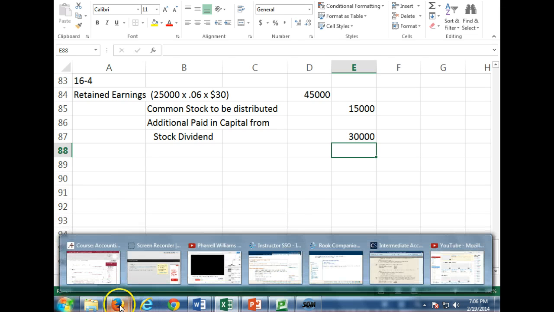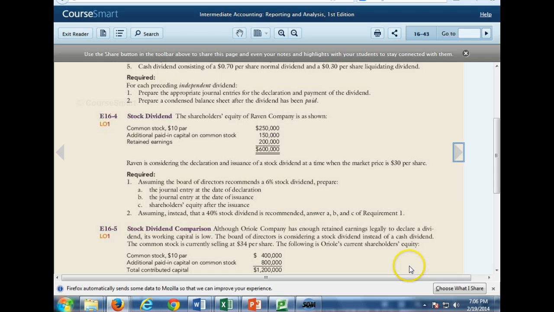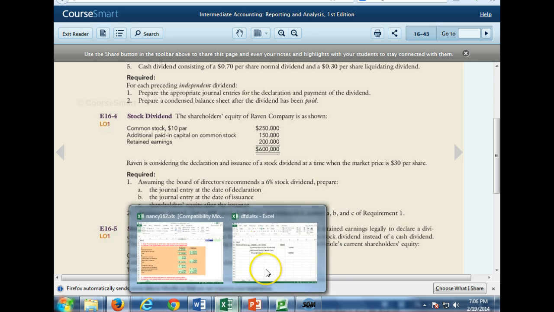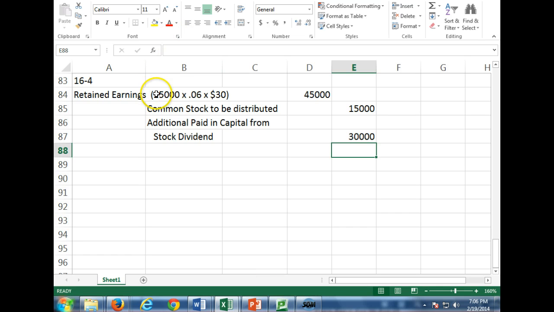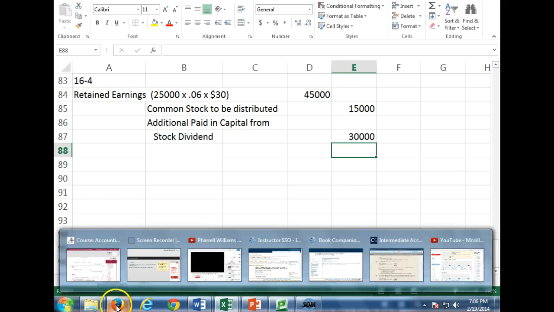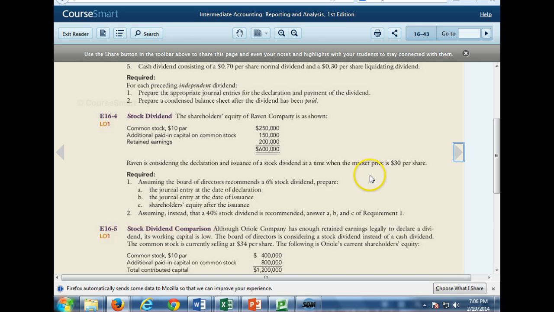If we go back to the problem, we've got 25,000 shares, a 6% stock dividend on 25,000 shares, and the 30 bucks is what the market price is right now, okay?